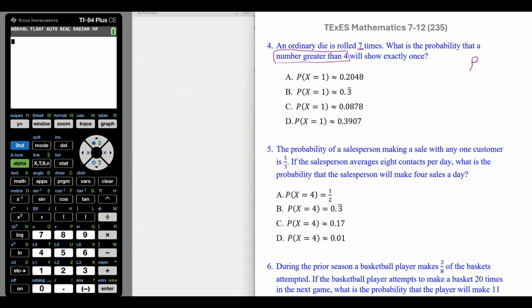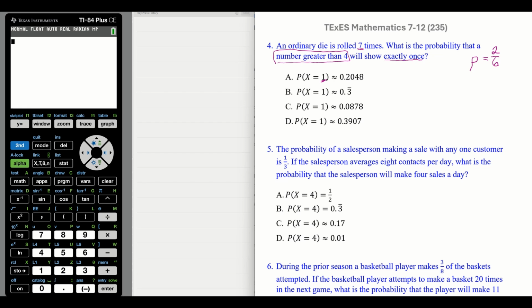So our consistent probability, see, a number greater than 4, 4, 5, 6. Again, that's 2 over 6. And our x value is 1. Notice that's an option given in our answer choices.